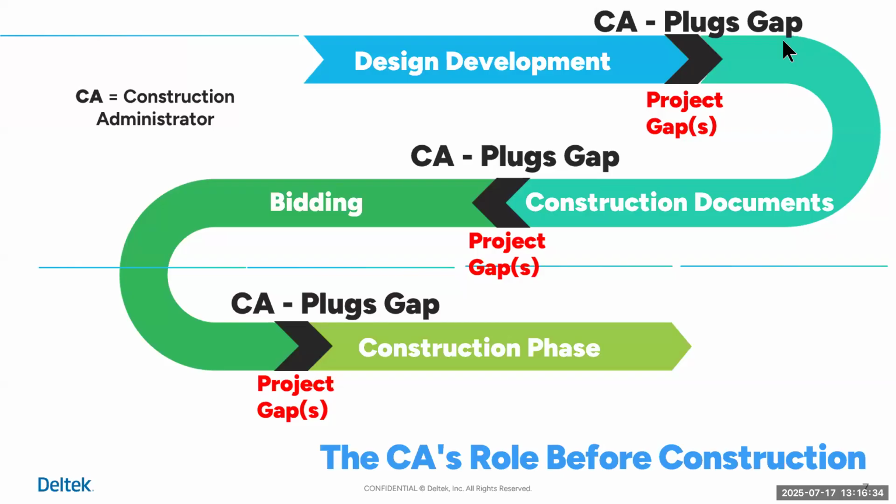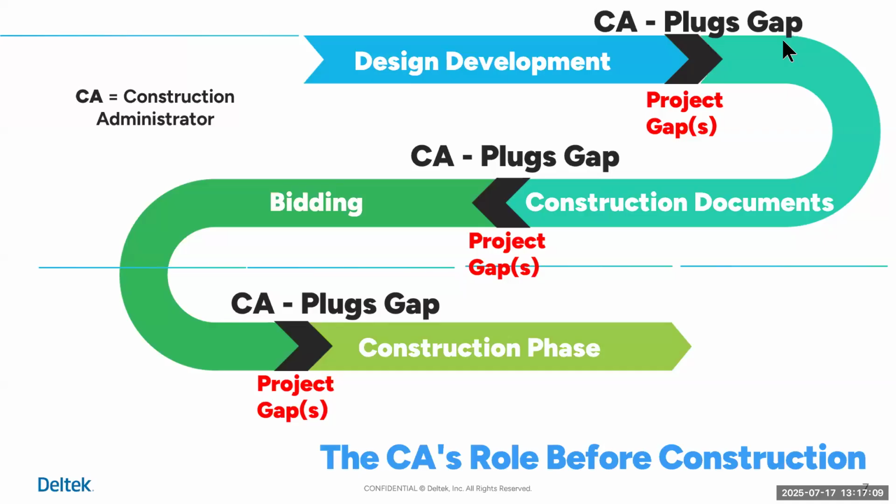So therefore, it's important that the CA person gets involved with the project very, very early on so that they can help smooth these and plug these project gaps that could come up. Well, what are these project gaps? Well, these project gaps relate to communication, relate to coordination, and relate to document breakdowns.